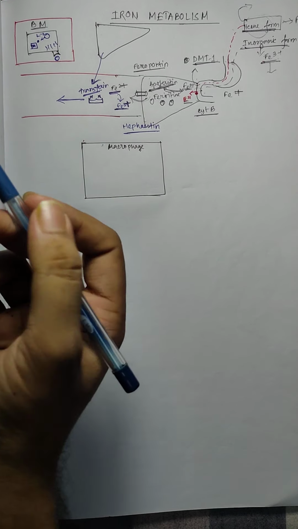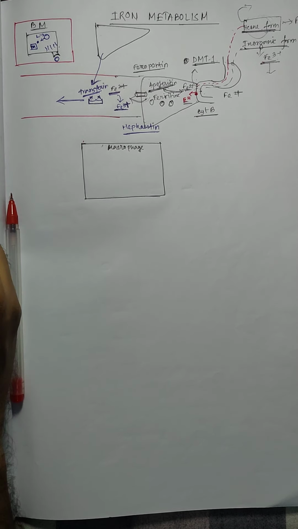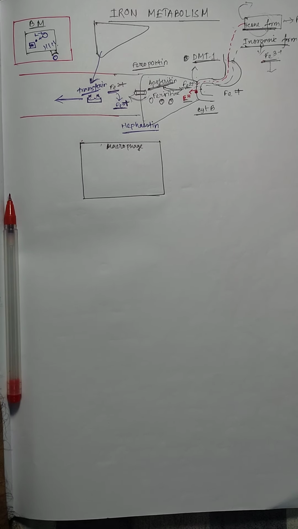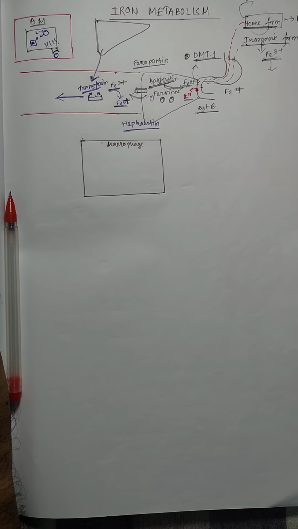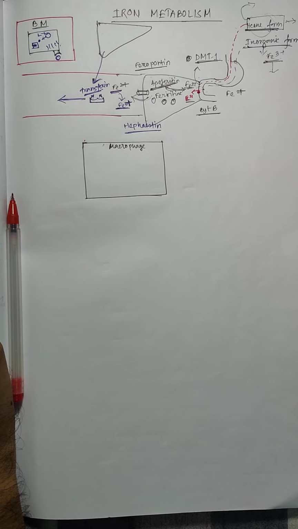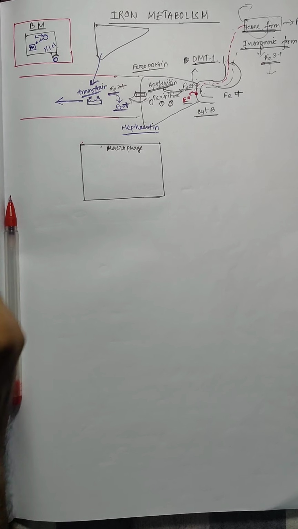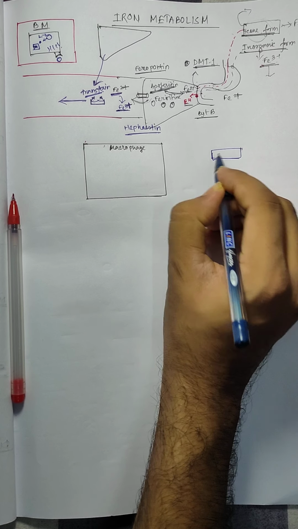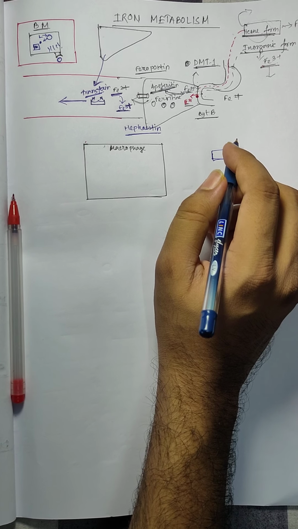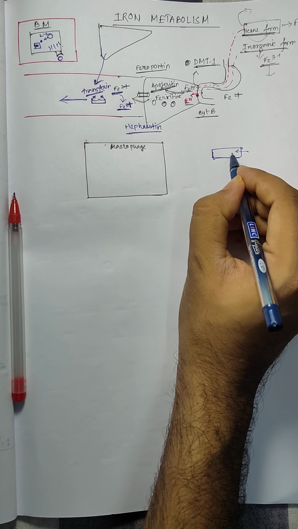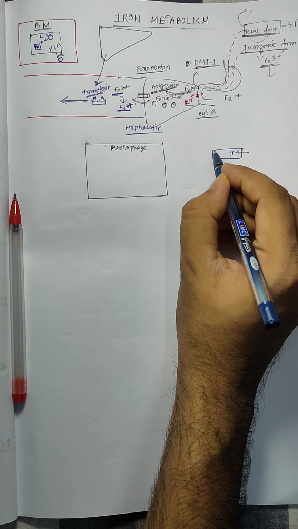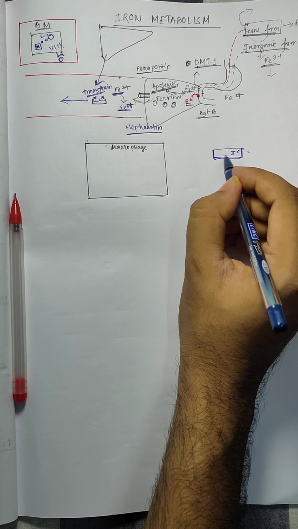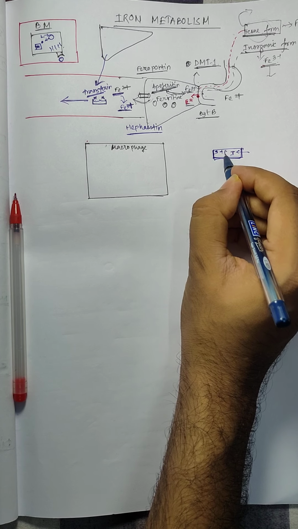Now, for the formation of the heme part of the hemoglobin. You should know how it is formed. If this is the mitochondria, here the iron comes, and within the mitochondria there is one enzyme group with succinyl CoA and glycine.